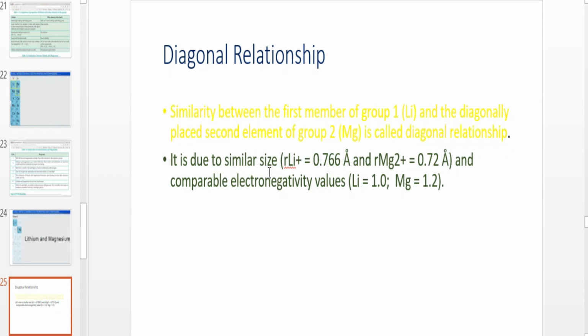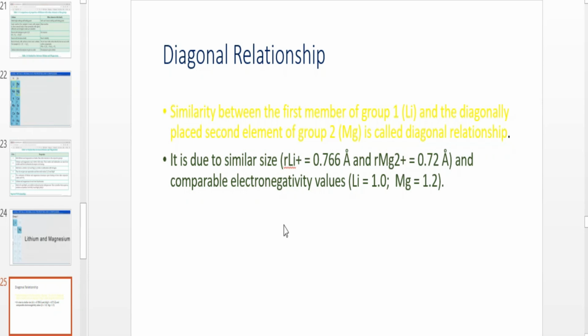The first point is the ionic size of lithium and magnesium are approximately equal. That is, the radius of lithium plus ion is 0.76 angstrom and the radius of magnesium 2 plus ion is 0.72 angstrom.